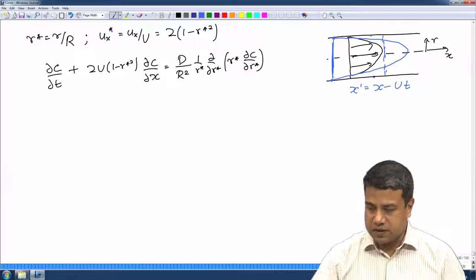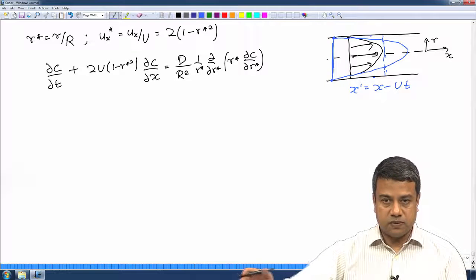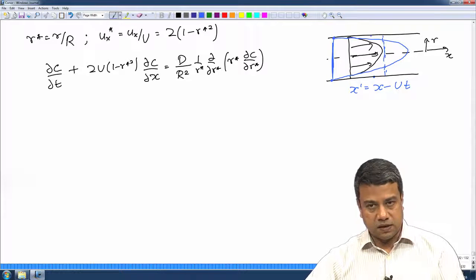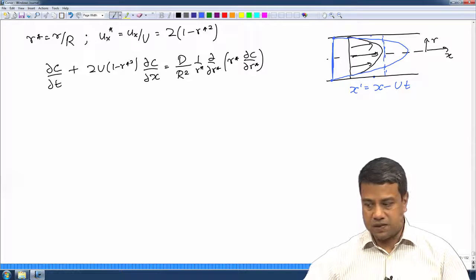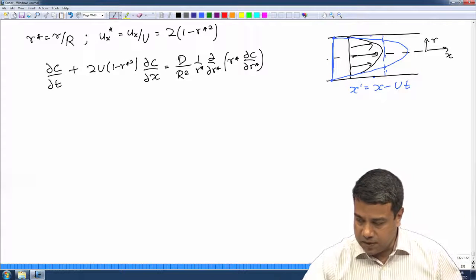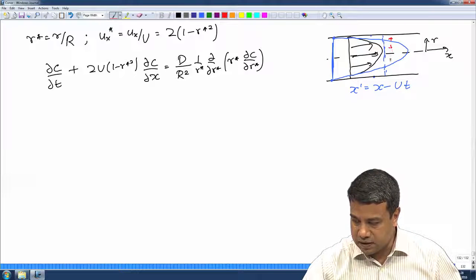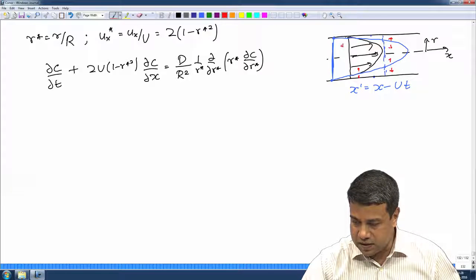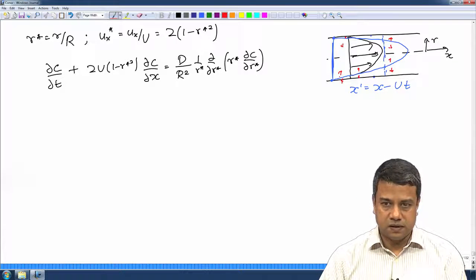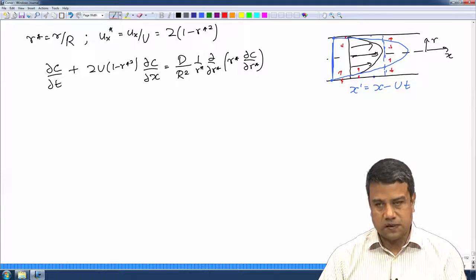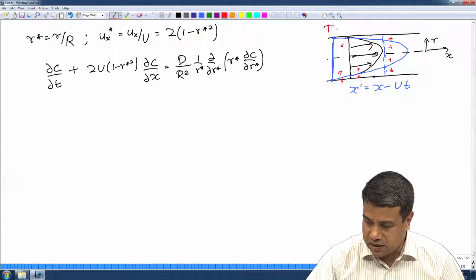The velocity is 0 at the two ends and is maximum at the center. So, the distortion is quite large in this plug, and coupled with that you have diffusion in the radial direction. That is what causes a large axial dispersion. That is why it is called the Taylor dispersion problem.